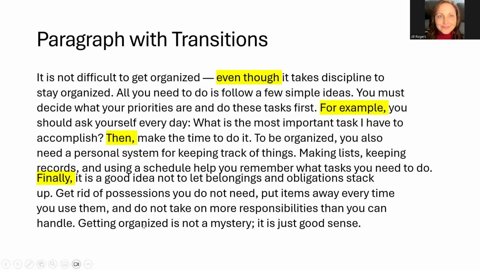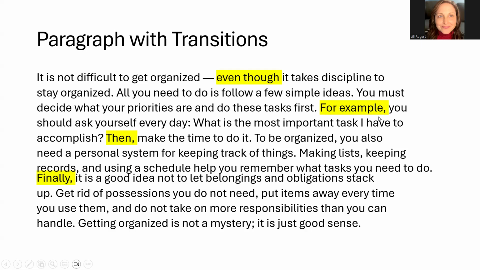Right. If we just add these 3 different transitions, they make the paragraph so much more coherent. We'll just read the sentences with the transitions. It is not difficult to get organized, even though it takes discipline to stay organized. Oh, yeah.